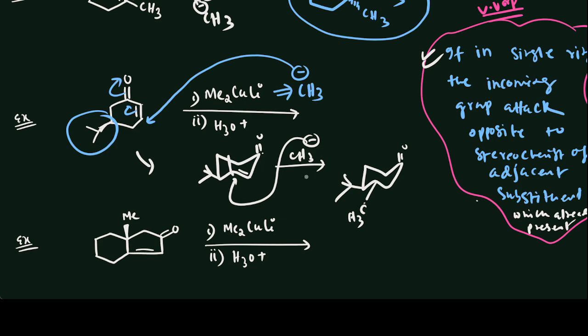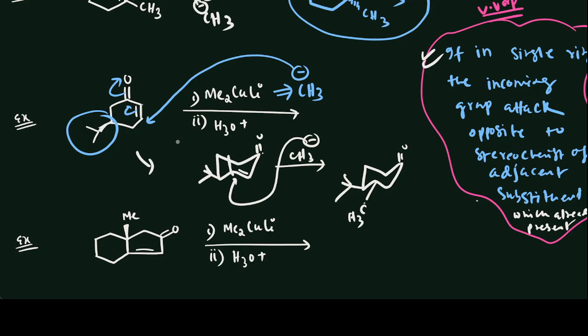Likewise we can attack, and always assume that only H minus is considered a non-bulky group; except for that, like CH3, all are assumed to be bulky groups. These bulky groups always attack the equatorial positions. If they attack the axial position, then 1,3 diaxial interactions will be there.